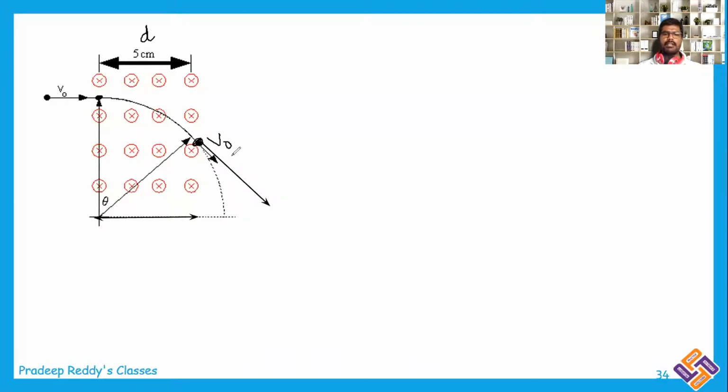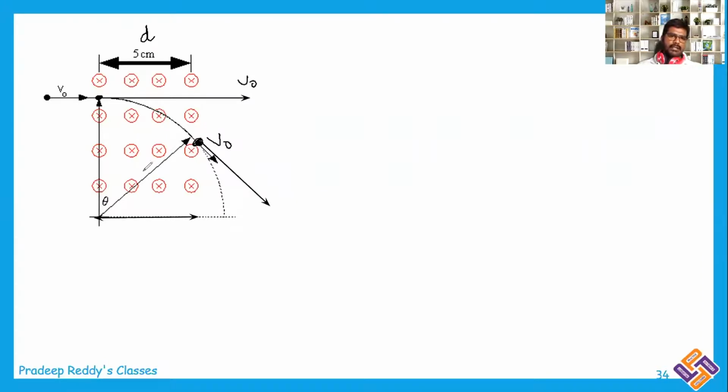Magnitude of velocity will remain the same, but the direction is undergoing change. This is the direction of the charged particle initially, and this is its initial velocity.